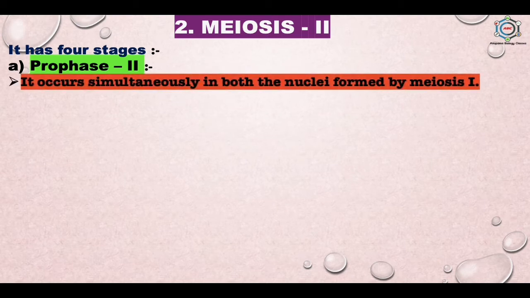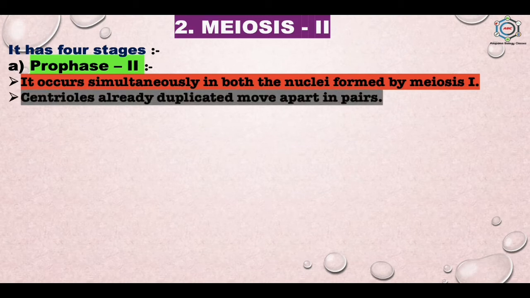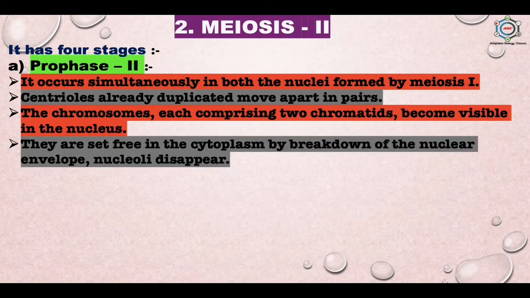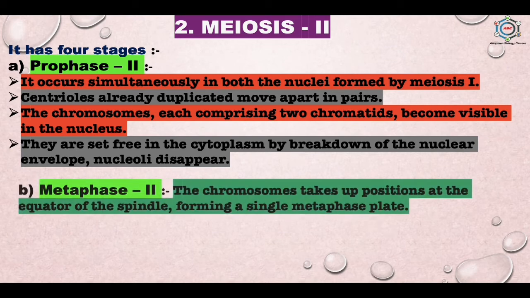It occurs simultaneously in both the nuclei formed by meiosis first. Centrioles already duplicated move apart in pairs. The chromosomes, each comprising two chromatids, become visible in the nucleus. They are set free in the cytoplasm by the breakdown of the nuclear envelope, and nucleoli disappear.